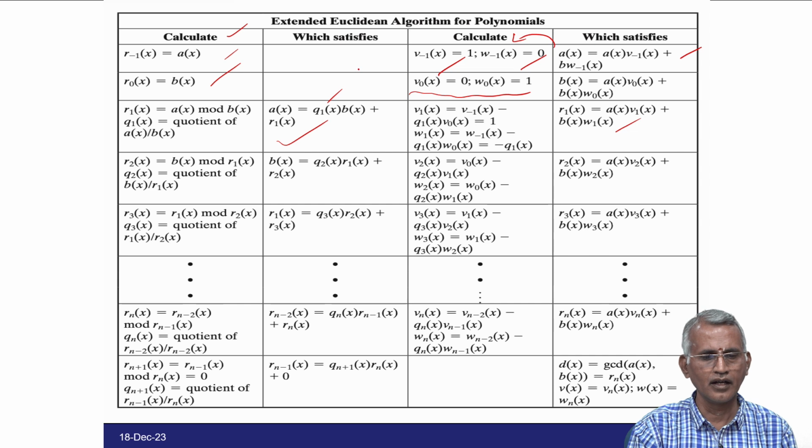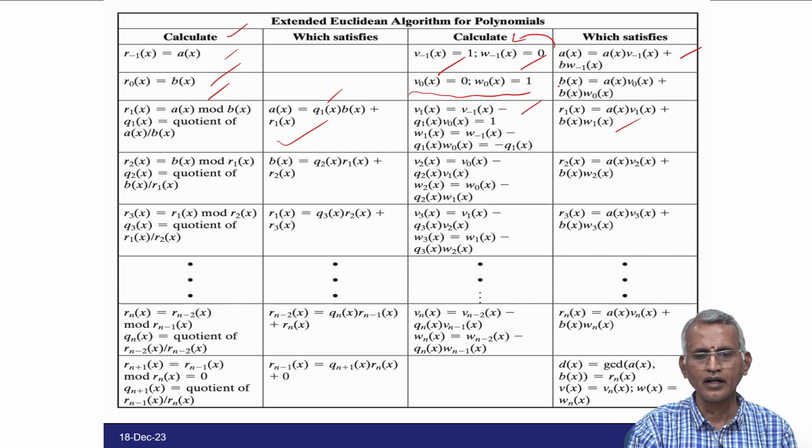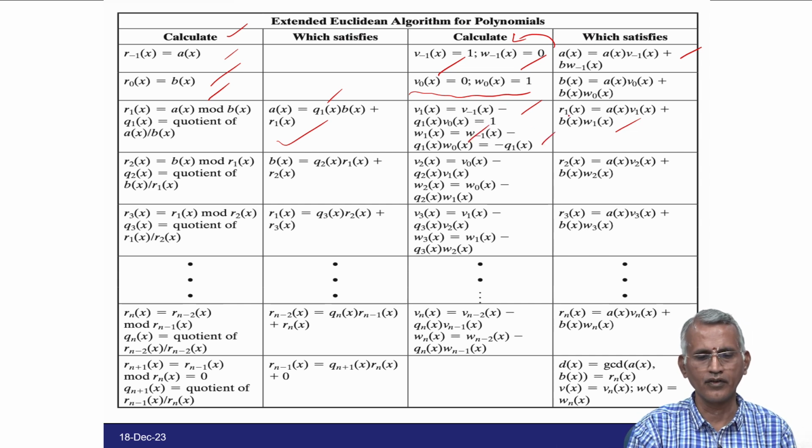We are dividing a of x by b of x so that we get r1 of x, and under modulo of b of x it holds good. We already calculated v1 of x equals v suffix minus 1 of x minus q1 of x into v naught of x, which equals 1, and so w1 of x equals w suffix minus 1 of x minus q1 of x into w naught of x, which is equal to minus q1 of x.